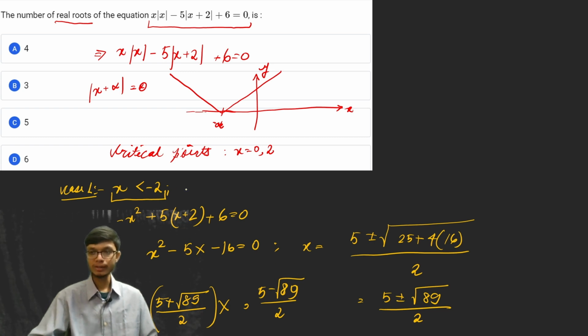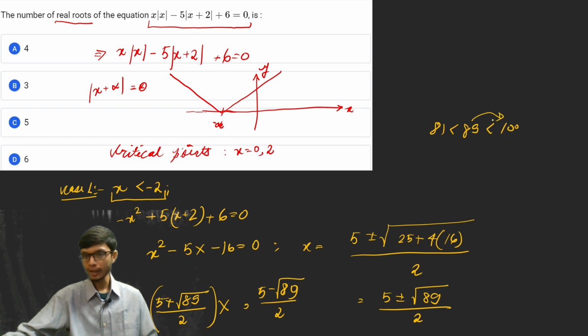But x should be less than minus 2. If you actually calculate the value of 89, the next square is basically 81, that is 9. 89 lies in the range of 81 to 100. If you compare with 100, the approximation error I will get is more, but if you compare with 81, the approximation error is less.